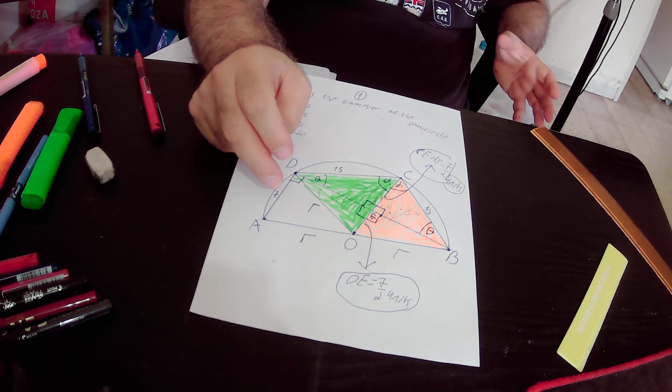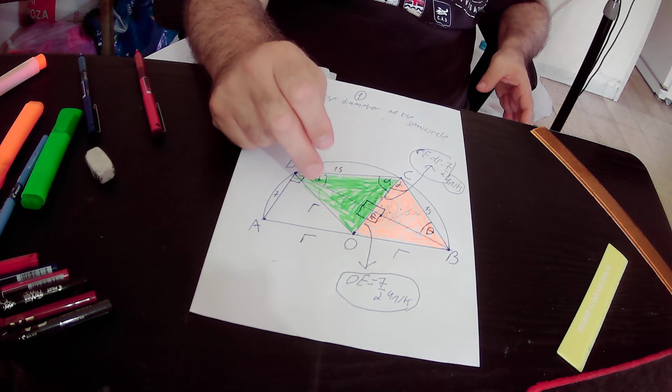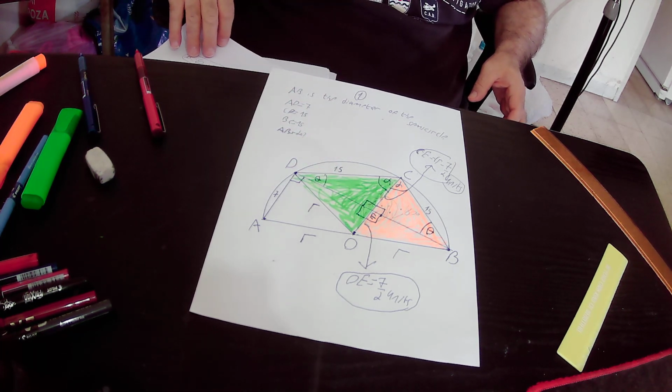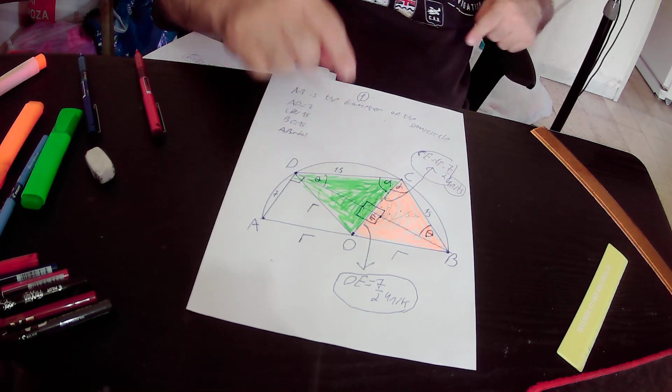Therefore, they are the radiuses of this semicircle. I defined the radiuses R, so they are all equal to R. Then we focused on the green triangle and the orange triangle.